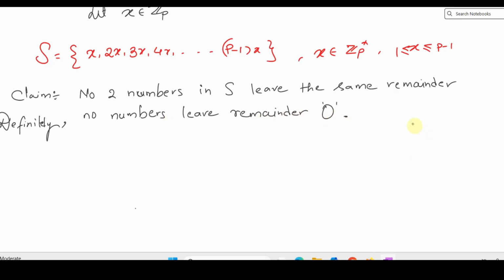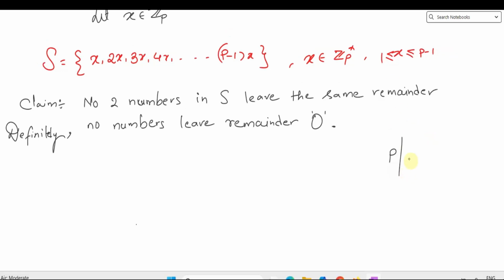If any number is leaving remainder 0, that means p divides that number. Say p divides ix, where i is also less than or equal to p minus 1 and greater than or equal to 1. If p divides this product, definitely one of them should be a multiple of p, which is not true.